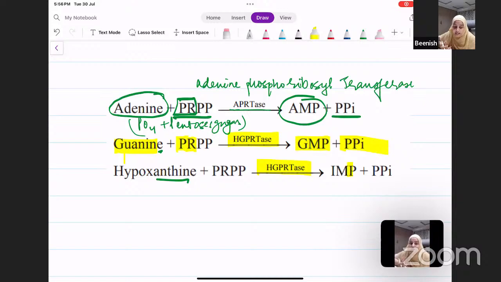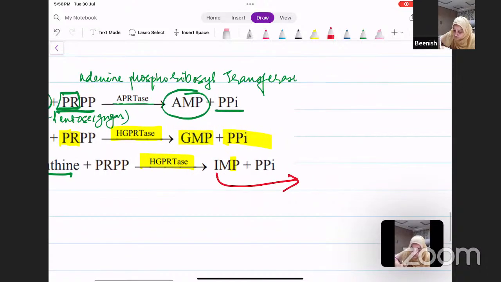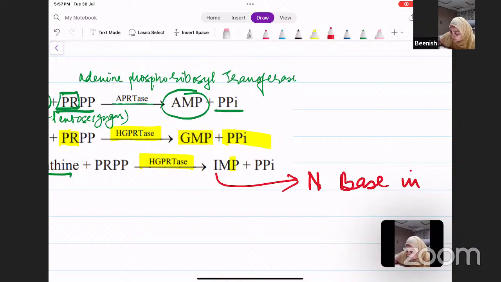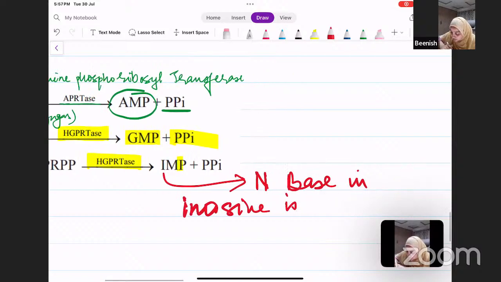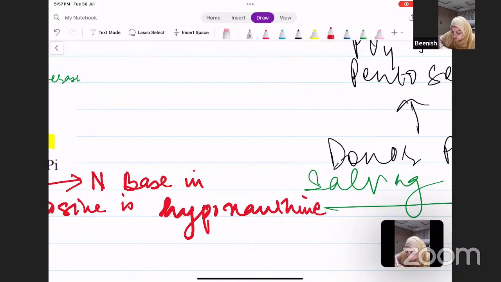So the nitrogenous base in inosine is hypoxanthine. Remember, the nitrogenous base in inosine is hypoxanthine.